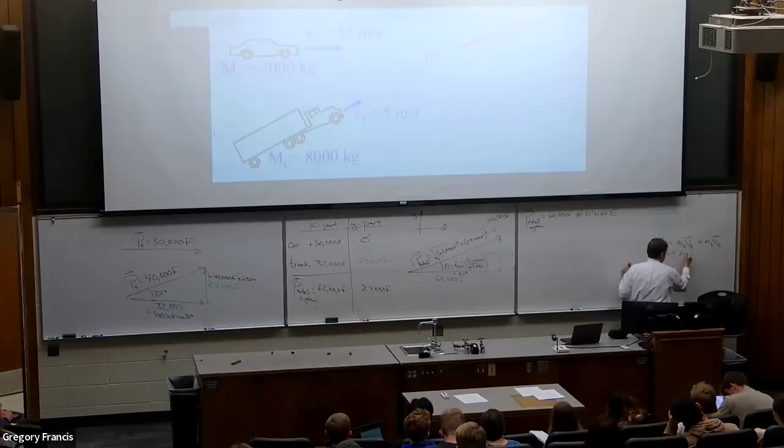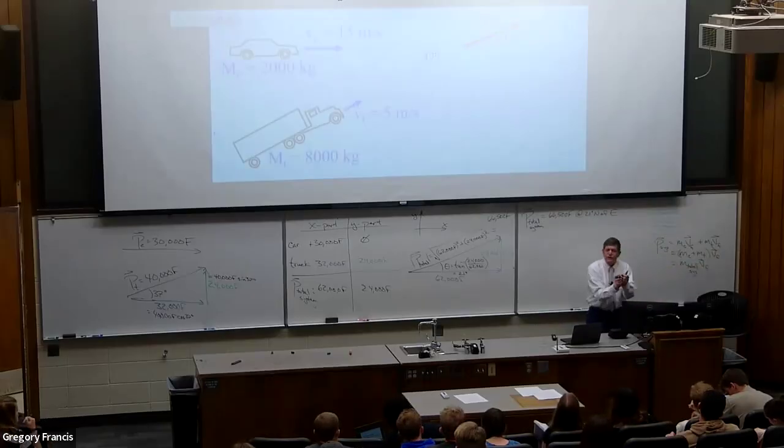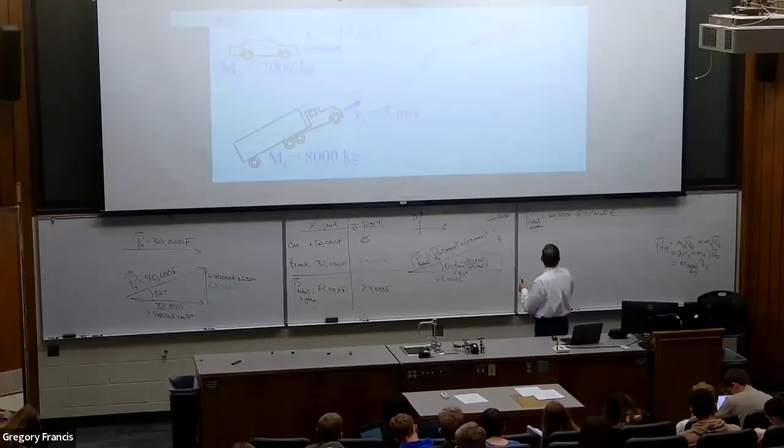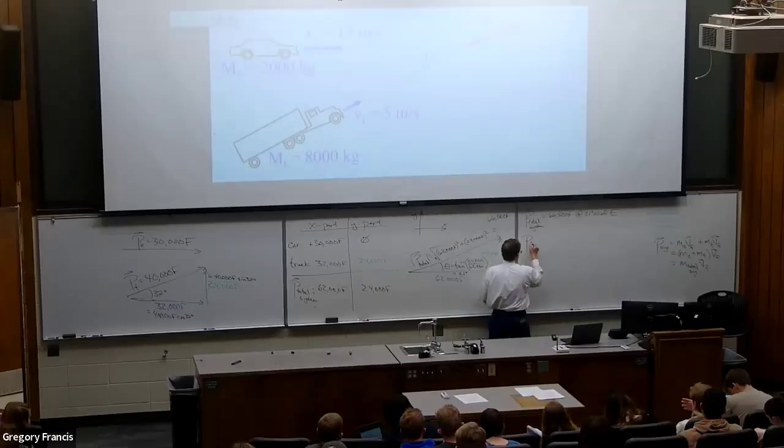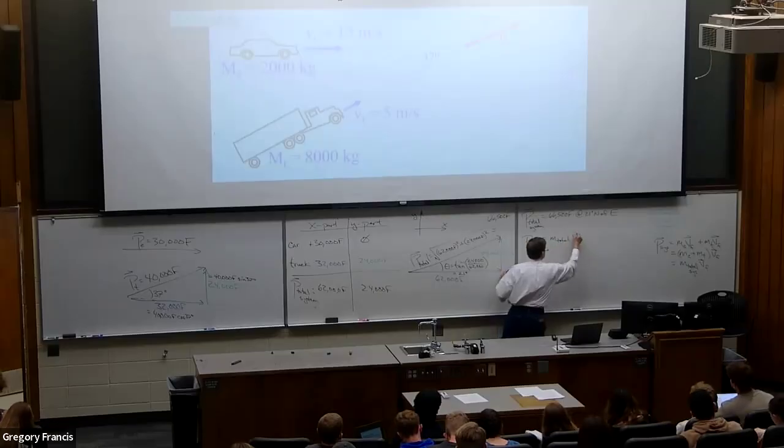And so I can write that as the mass of the car plus the mass of the truck times V final. And I can just write this as the total mass of the system times V final. Now that's only going to be true if they're stuck together, if they're moving as one, okay? So now I can say this total momentum is equal to the mass total times V final, and that's what I'm looking for.